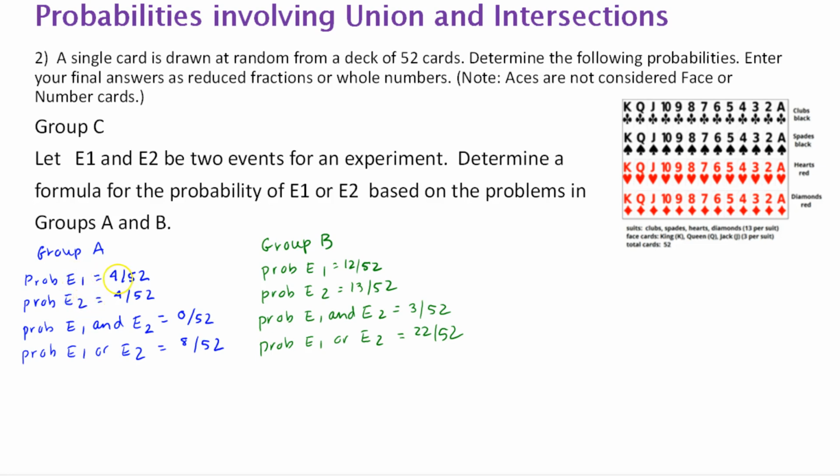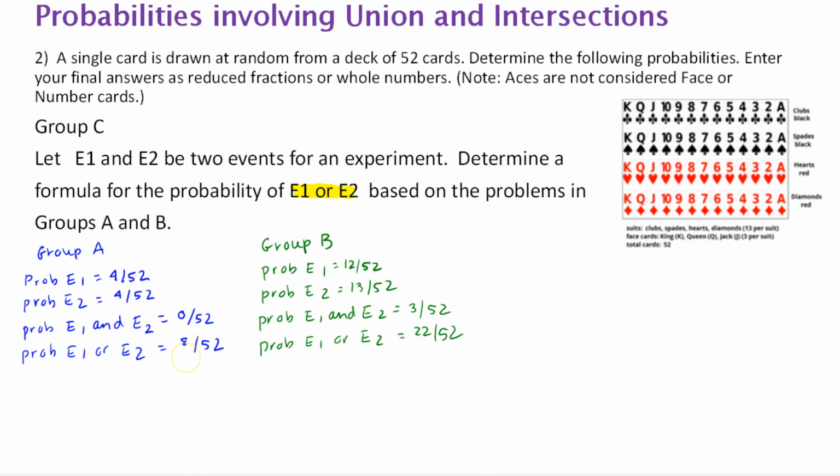For Group B, our first event was drawing a face card, and E2 was drawing a heart. So that's all these are. It's just a generalized version of that. And it says determine a formula for the probability of E1 or E2. So that's the union, based on the problems in groups A and B.